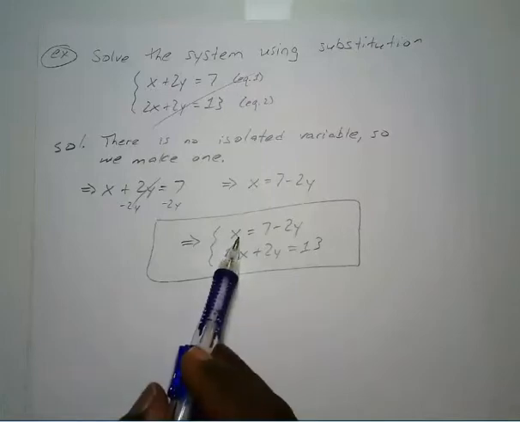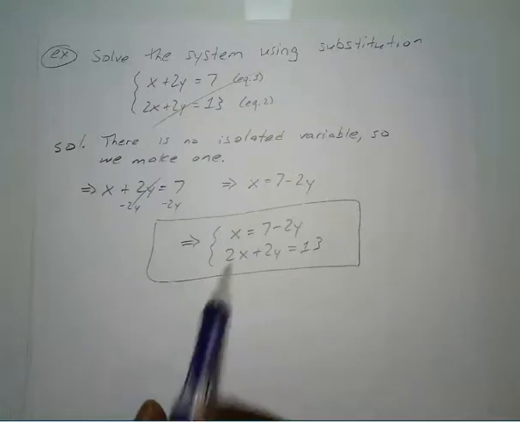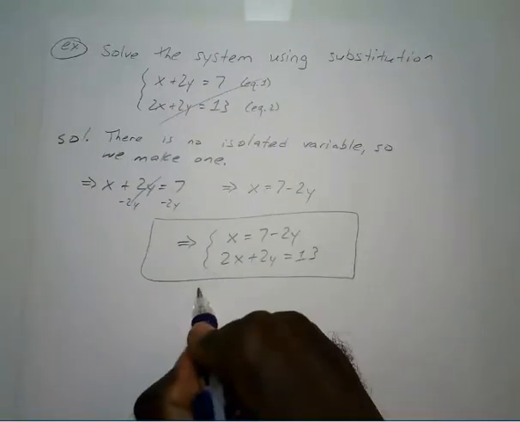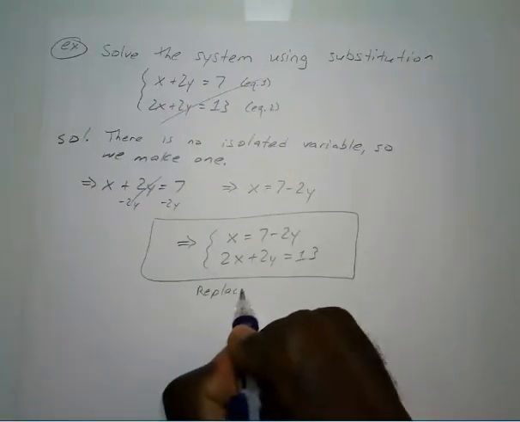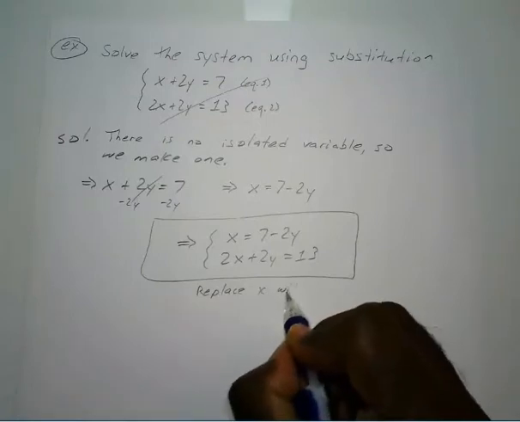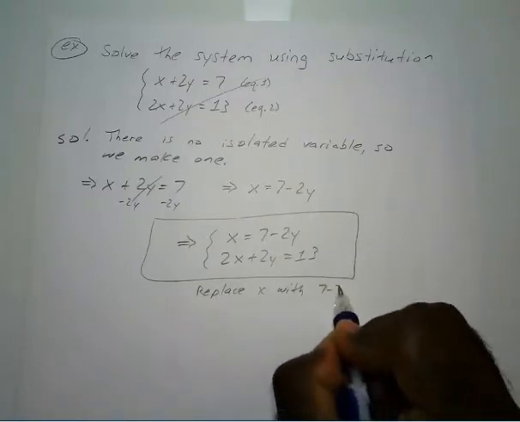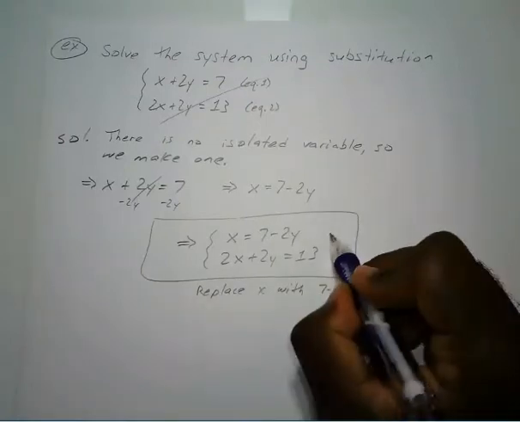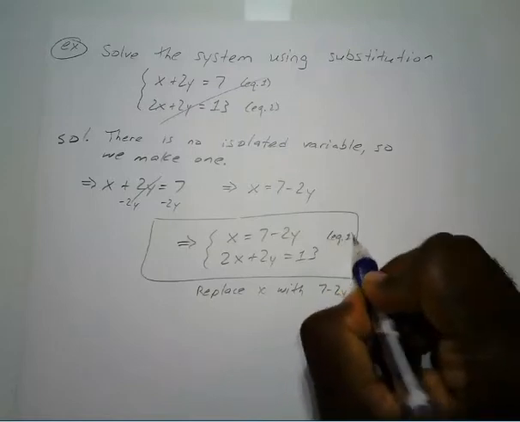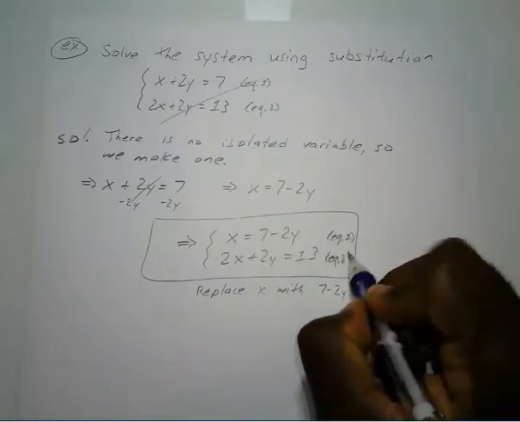Here, since the x is by itself, we're just going to replace x with 7 minus 2y, and that's equation 1, and that's equation 2.